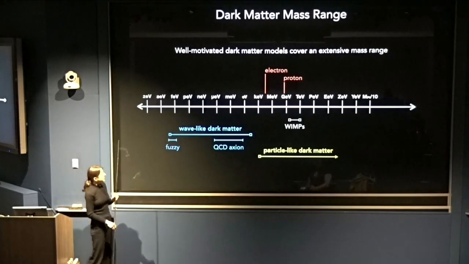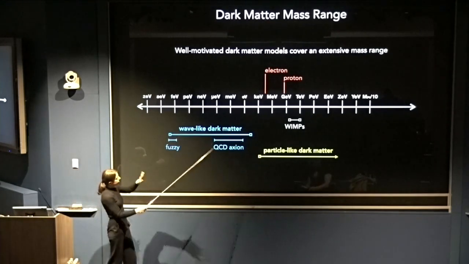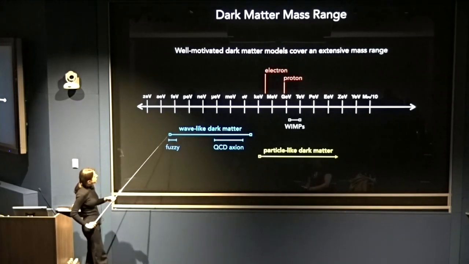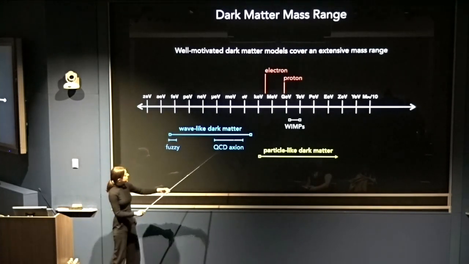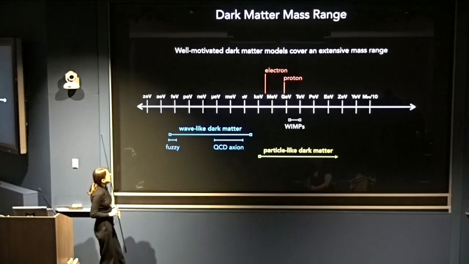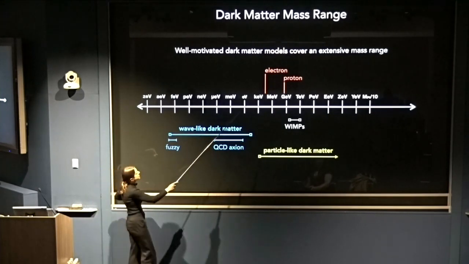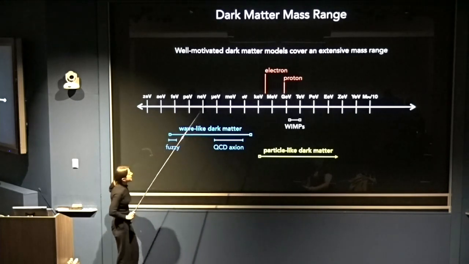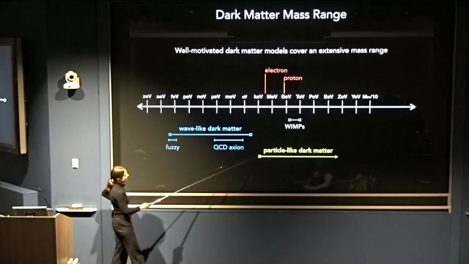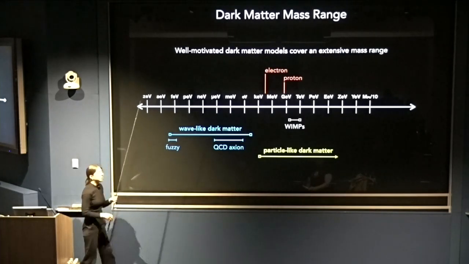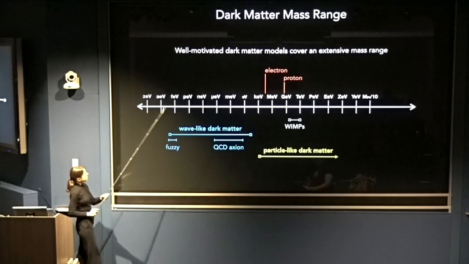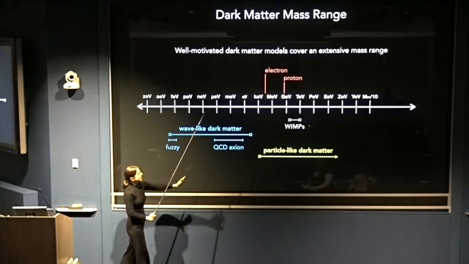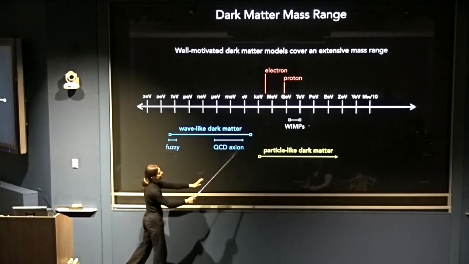So if we put this all together, here's a full mass range for the dark matter. Wave-like dark matter exists in this range here marked by the blue. For a point of comparison, this is the electron mass, and that's where the proton mass is. And particle dark matter exists in this yellow range. So we'll be focusing just on this case here, but there's a whole breadth, a whole other talk on everything that you can do with dark matter that goes out in this range.